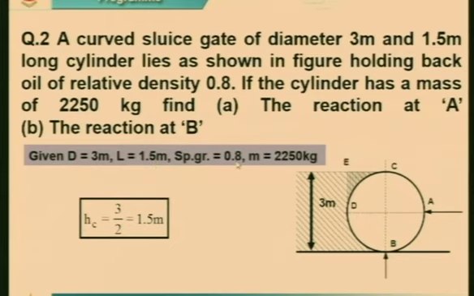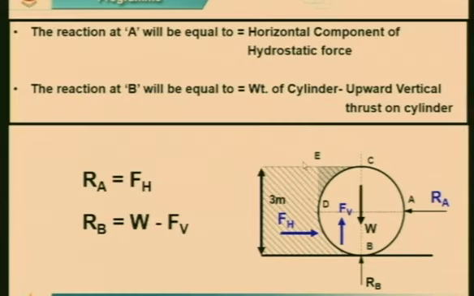Specific gravity, which we call relative density, is the ratio of the density of oil divided by the density of water, which is 0.8, and fortunately he has given you the mass of the cylinder as 2250 kg. Let us go ahead.